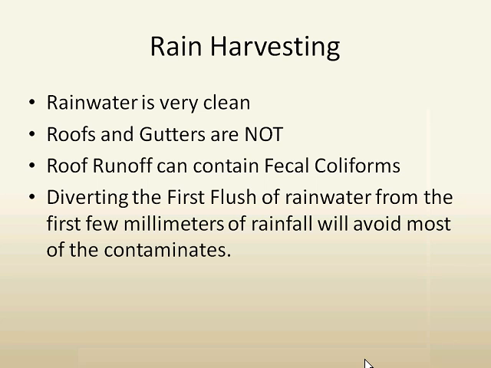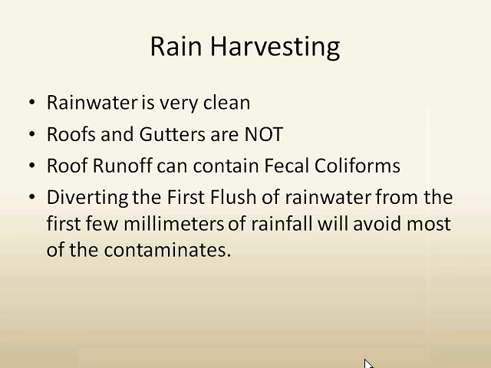Let's move on and talk a little bit about rain harvesting. If you're going to use gutters to capture roof runoff and then try and capture and reuse that water, there are a few things that we need to think about and know. Rainwater in and of itself is one of the cleanest sources of water in nature.